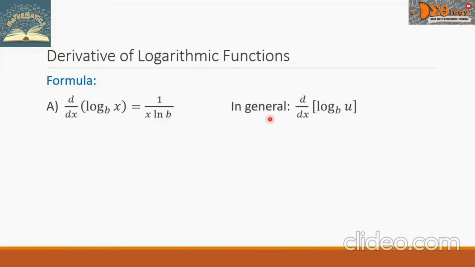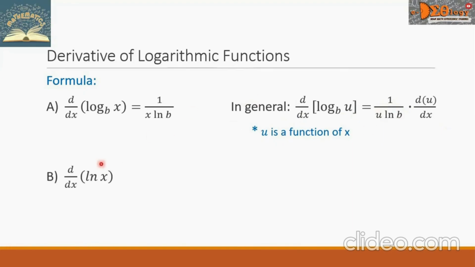In general, we have d over dx of log of u to the base b, where u here is a function of x. This is equal to 1 all over u times ln of b, multiplied by du over dx.